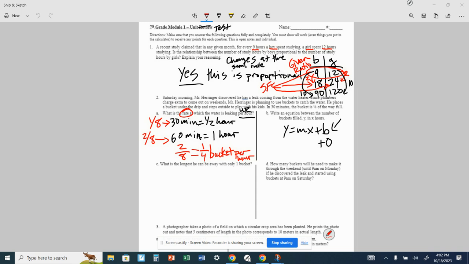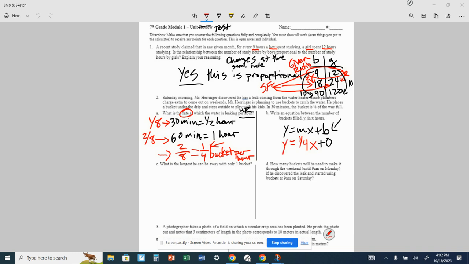And if we're looking at buckets filled versus hours, remember we fill 2/8, or we said here earlier, 1/4. So we want to try to use reduced if possible. 1/4 of a bucket every 1 hour, right?